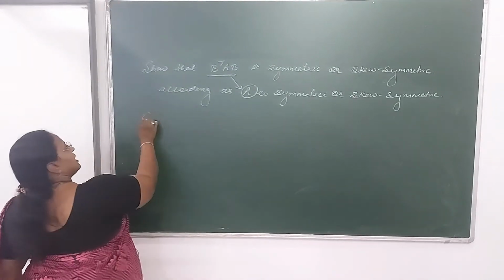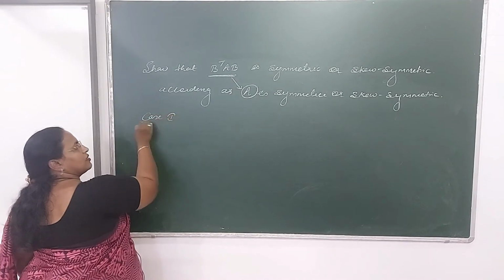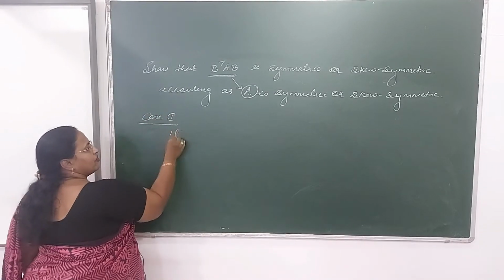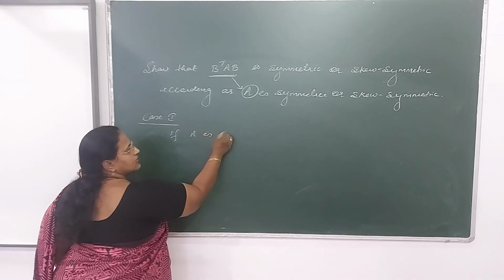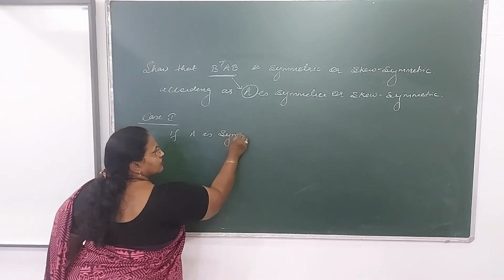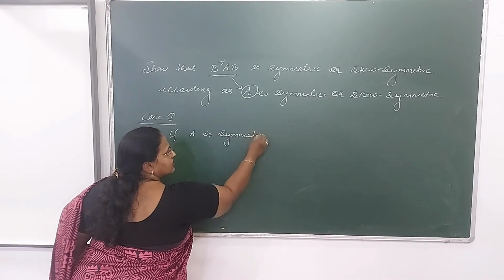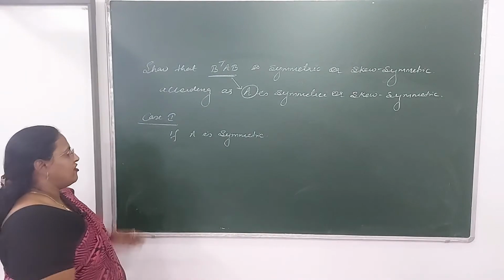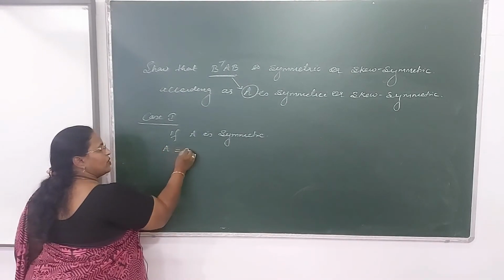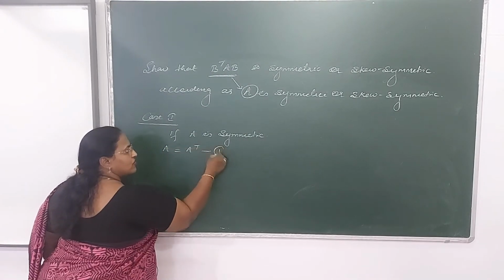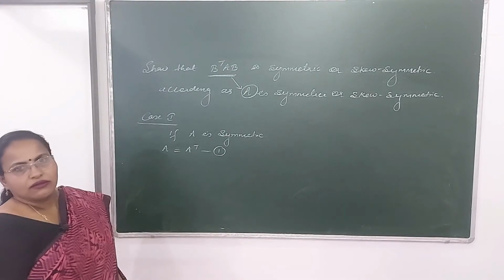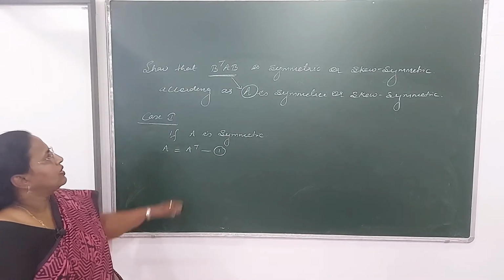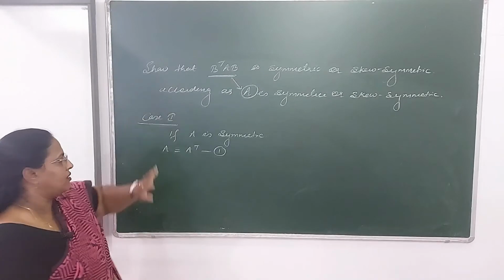The first case, case 1, if A is symmetric. If A is symmetric, it means A will be equal to A transpose. Let it be equation 1. Now what do you have to prove? That B transpose AB is also symmetric.